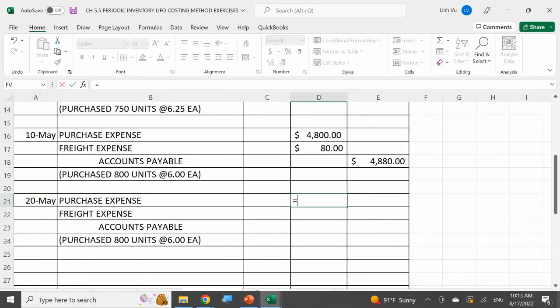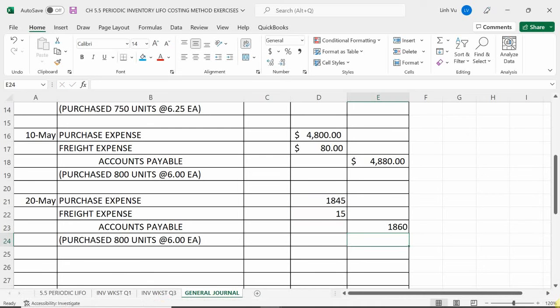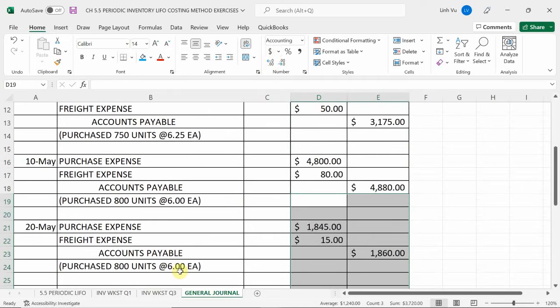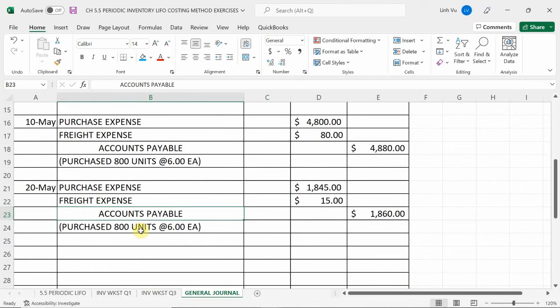We got the 300 times 615, and then the $15 freight to give you your total of the 1,860. And of course you have to modify your note here, saying you purchased 300 units at 615 each.